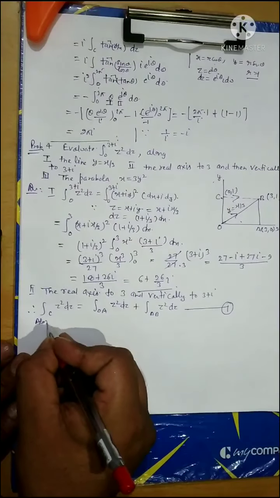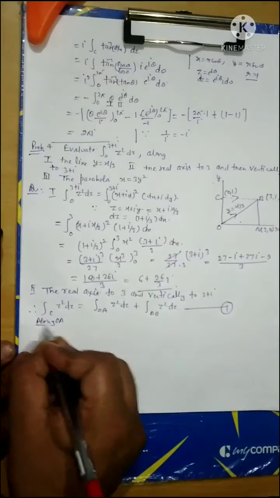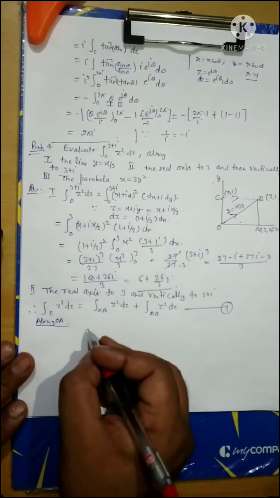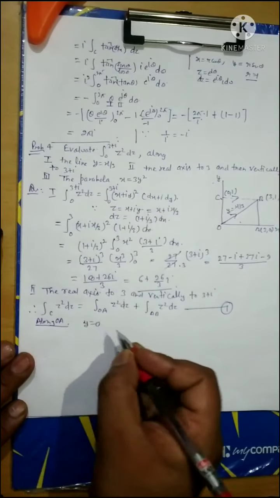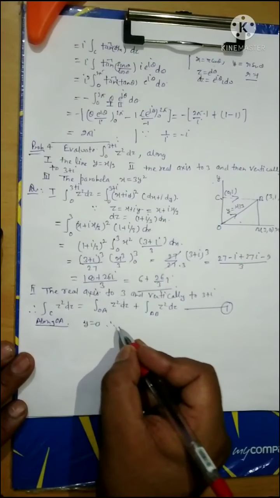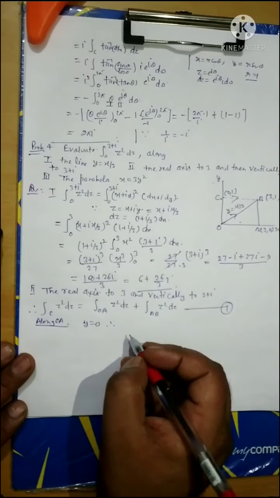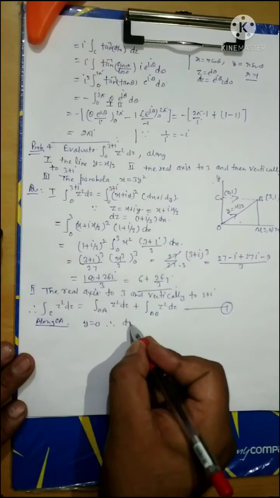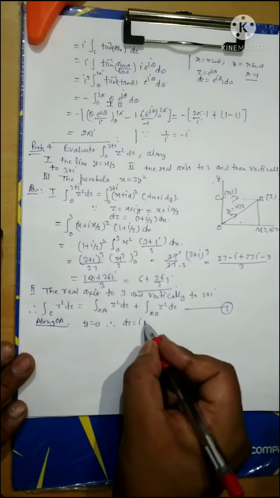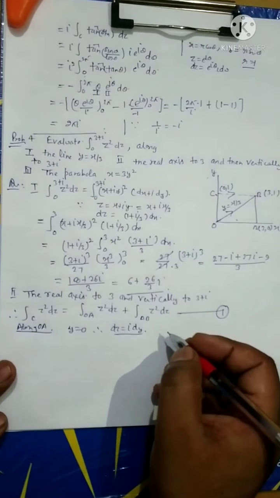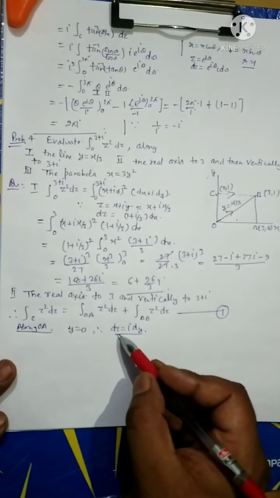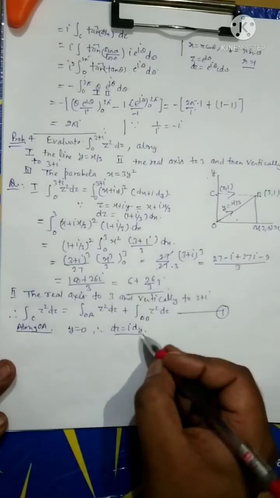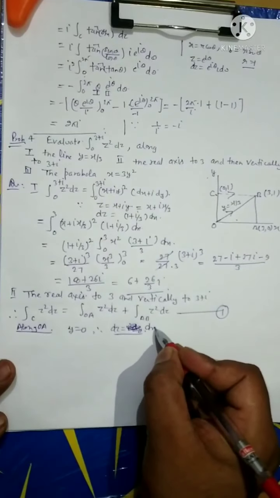Now along the OA line, the equation of OA is y is equal to 0. Therefore dy is equal to 0. Now dz converts into only dx.